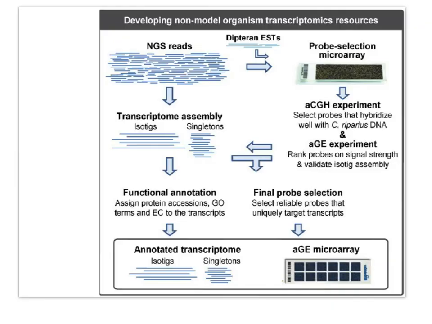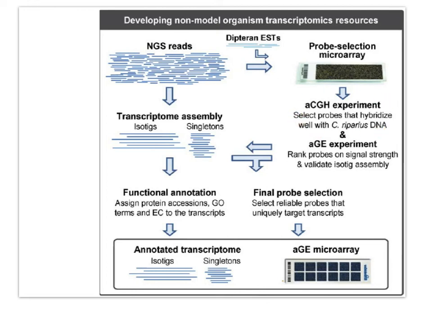DNA sequences, next generation sequences, from an organism Chironomus riparius, also known as the harlequin fly, are exposed to ESTs. In this case, the ESTs are from a full family of insects known as dipterans. The EST probes that hybridize with Chironomus riparius DNA are the ones that are selected.